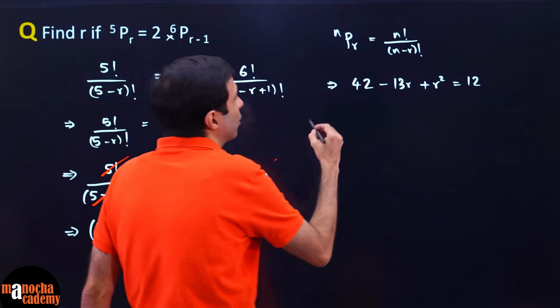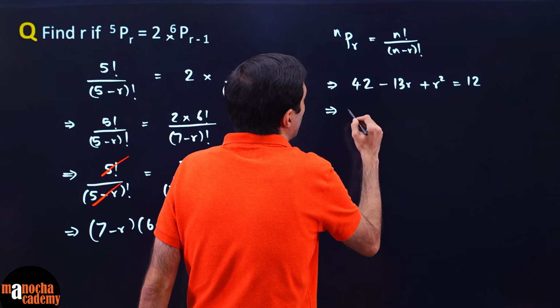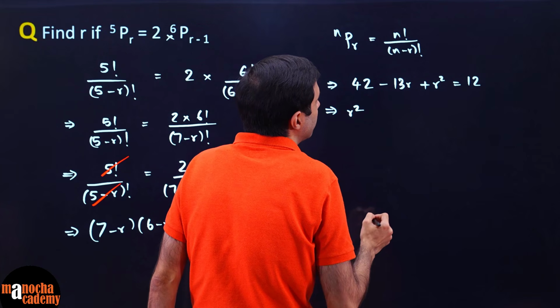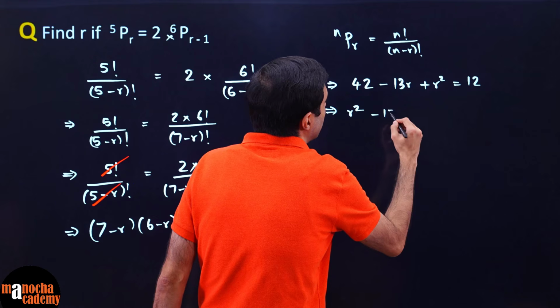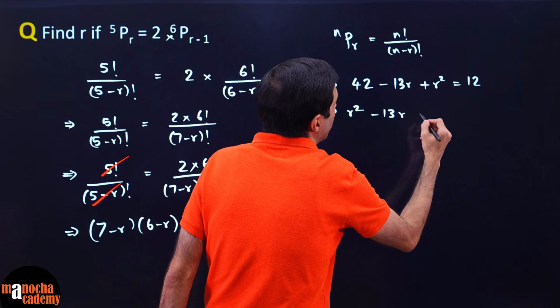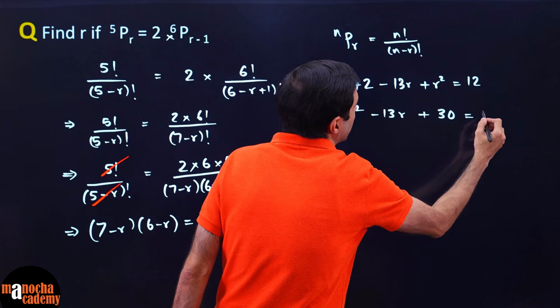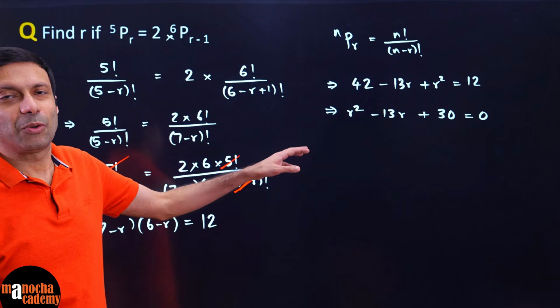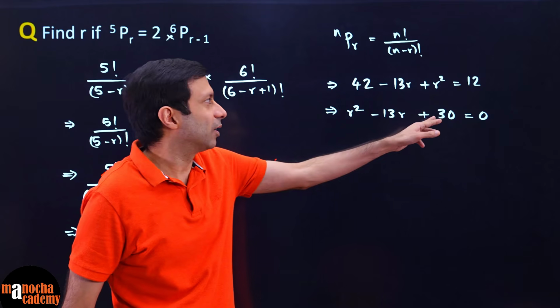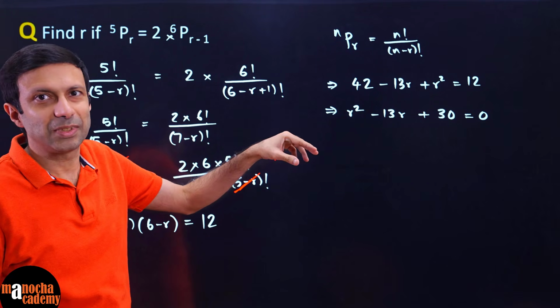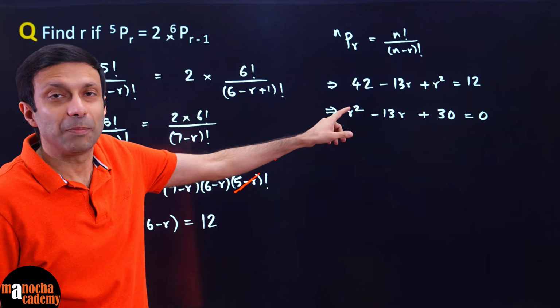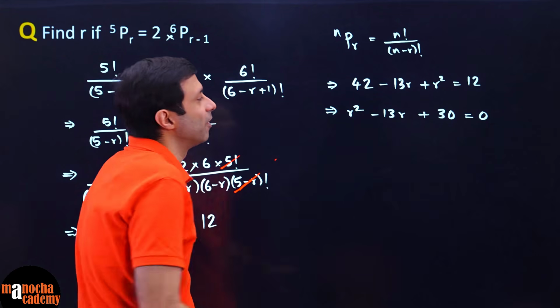So let's solve this quadratic equation, guys. So if we solve it, what are we getting? R square minus 13r, so simplifying it, plus 30 equal to 0. So this is our quadratic equation. We can do middle term breaking. So 30 I can split as 3 times 10, and so we'll be using minus 3 and minus 10 because we need minus 13r.